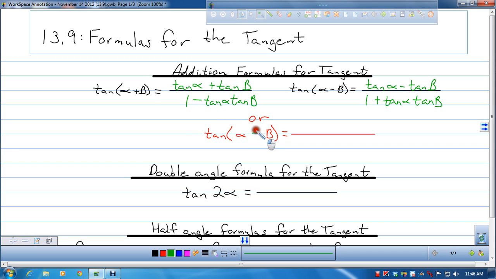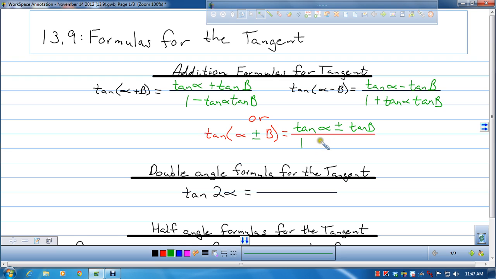When we add or subtract, okay, so what's going to happen is, as we write this, we're going to have the tangent of alpha, and the operation on the top will go with the operation on top over here. So tangent of beta. So what that means is, when I'm adding these angles, I'm adding these angles. And when I'm subtracting these angles, I'm subtracting these angles.